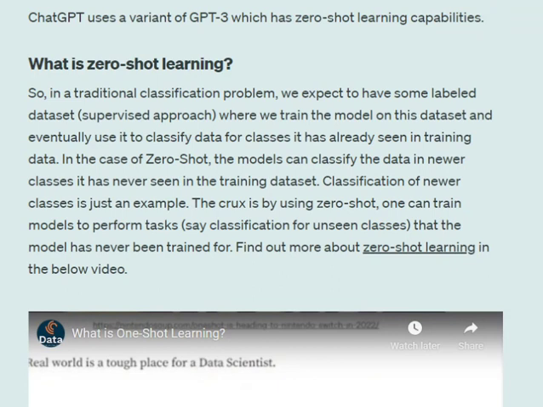Zero-shot means that we haven't shared with the model what data it can see in the future in production, but it is still able to work it out and correctly classify. Classification is just one example, but zero-shot basically means that one can train models to perform tasks for which they are not prepared.